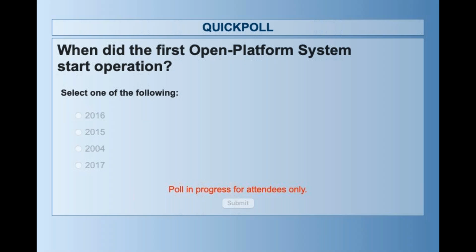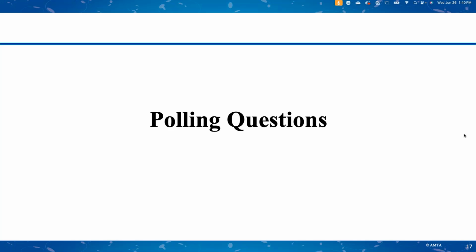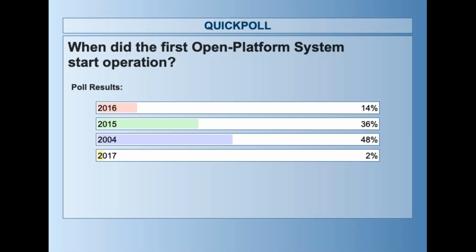Okay, so if you haven't had a chance to submit yet, please go ahead and do that. All right, so it's a bit of a trick question, I have to admit. Because the system that was supplied back in 2004 was interchangeable, and we were able to use 2 different types of modules.